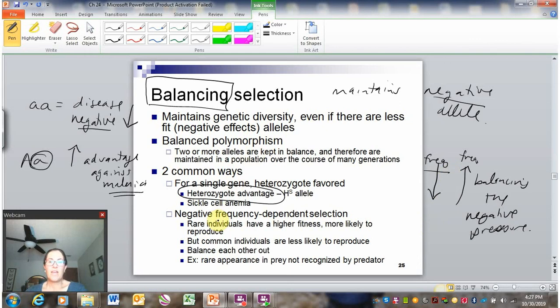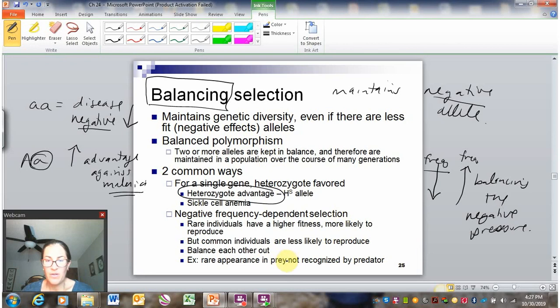Another way that we can have balancing selection is called negative frequency dependent selection. So this one is similar, but a little bit different. It's what happens when rare individuals have a higher fitness, but that higher fitness is only true as long as it stays rare. So think about it this way.